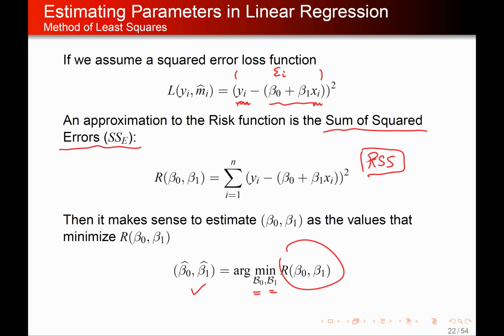So the loss function is, we want to minimize the errors. An approximation to the risk function is the sum of the squared errors. That means for every data point, we want to find the epsilon i and sum them together, and we want to minimize this function. This term is called RSS.